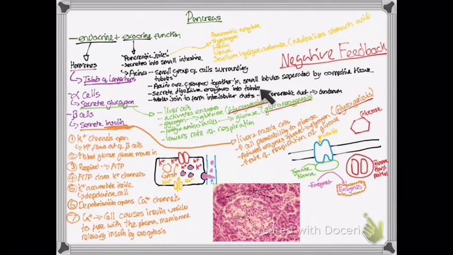Tubules then join together to form intralobular ducts, and then all these intralobular ducts go into a pancreatic duct, which enters the duodenum. I wasn't going to do this, but to sort of describe what we're looking at here, actually, here's the diagram. So an electron micrograph, or a light micrograph, probably is light, it doesn't look very detailed.